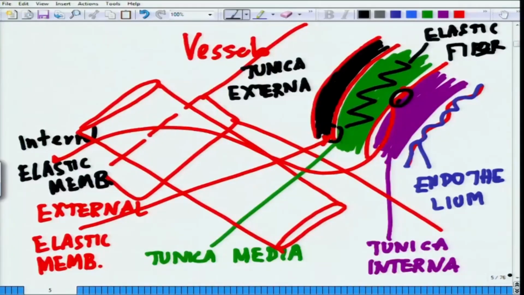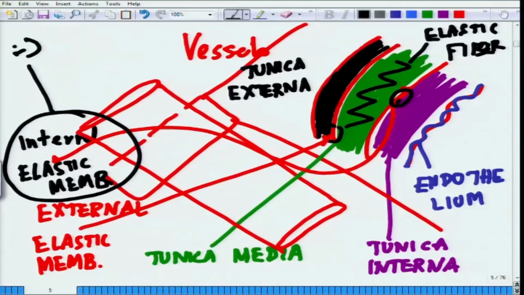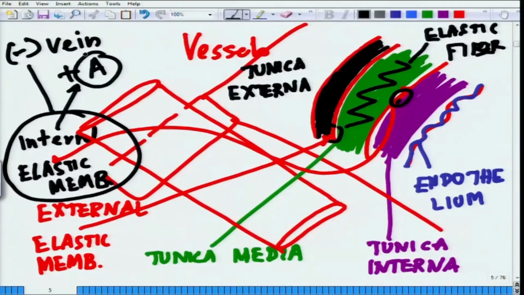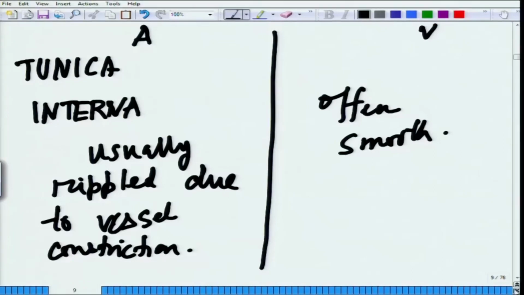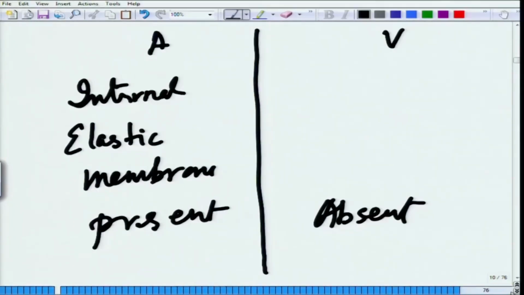You see there is an internal elastic membrane out here. So, this one is missing in the veins and this one is present in the arteries. Remember this please. Okay. Let me come back to the current slide. Often smooth. Yeah. So, this is absent in it.